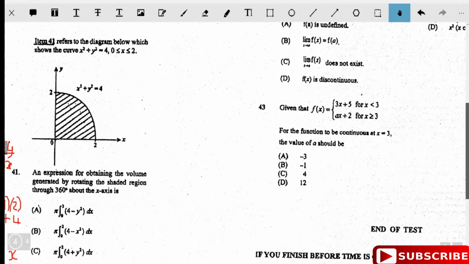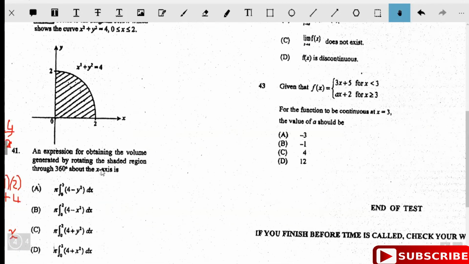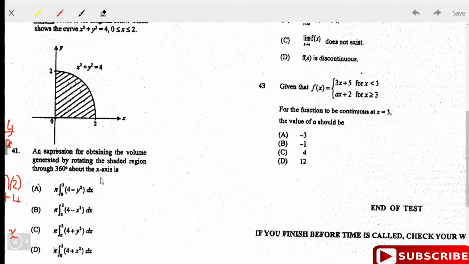Question 41. Now this question can be tricky because you have to look out for when they say volume around x-axis or volume around y-axis. This is x-axis. Volume around x-axis is pi times the integral of y squared dx. That's volume around x-axis. So what's the answer for this one, for 41?